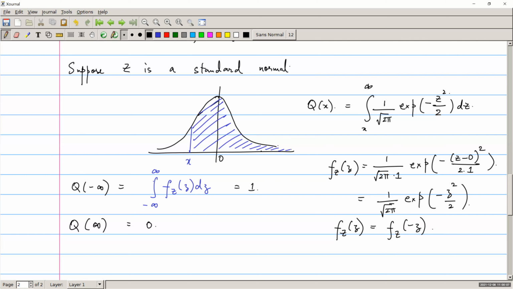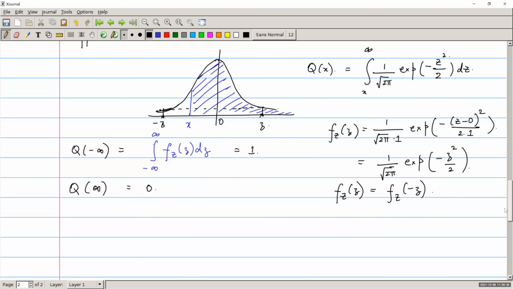Okay, so if I take a point here z and I take another point negative z, okay, the value of the PDF, I haven't drawn it properly, but the value of the PDF at these 2 points at z and negative z, they have to be equal. Right, so that means that this function is symmetric around the origin.